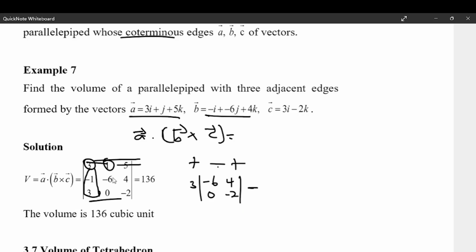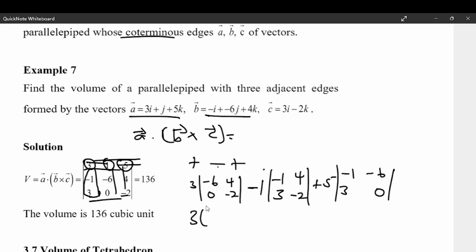We delete all entries to its right and beneath it, so we'll be left with negative 1, 4, 3, negative 2. Then the next one is plus, which is 5 here. We delete the entries in its row and column, so we are going to have negative 1, negative 6, 3, 0.